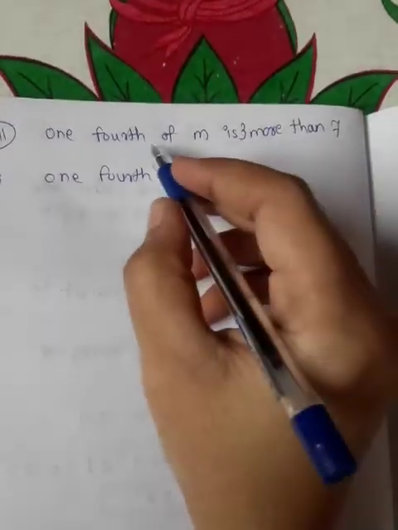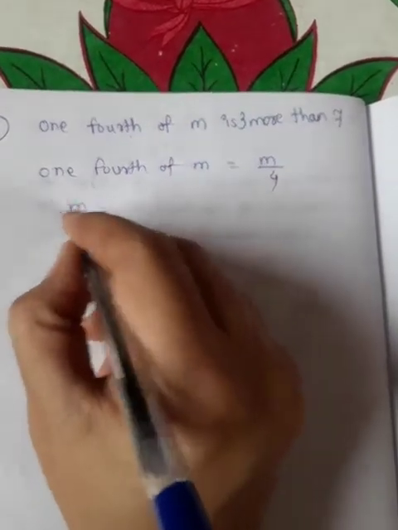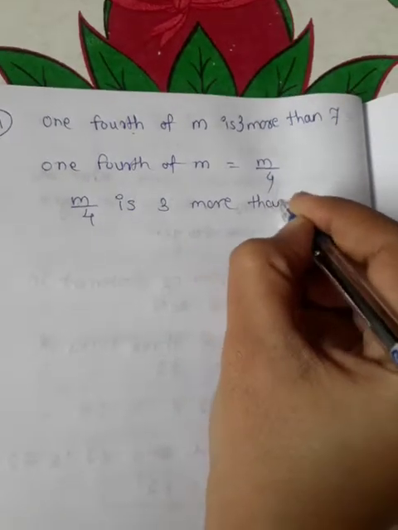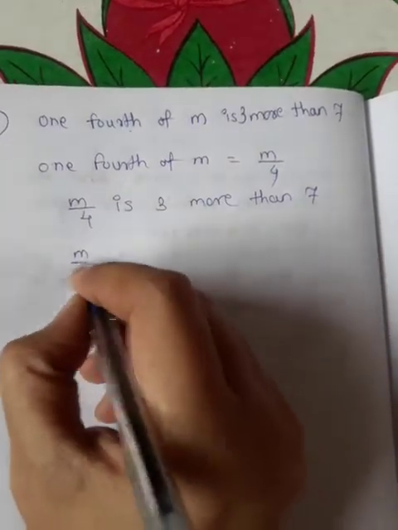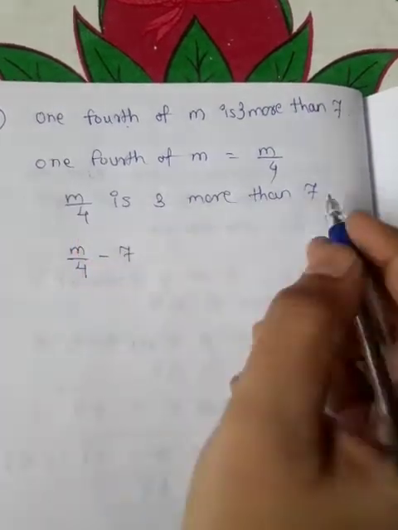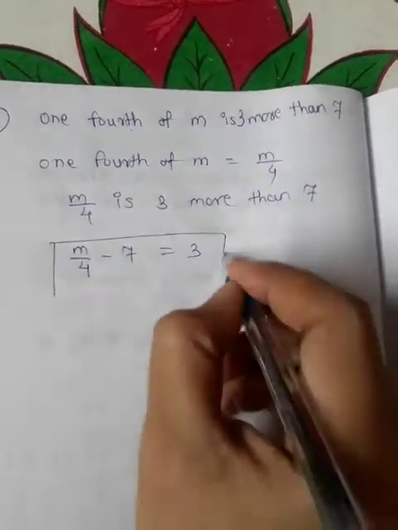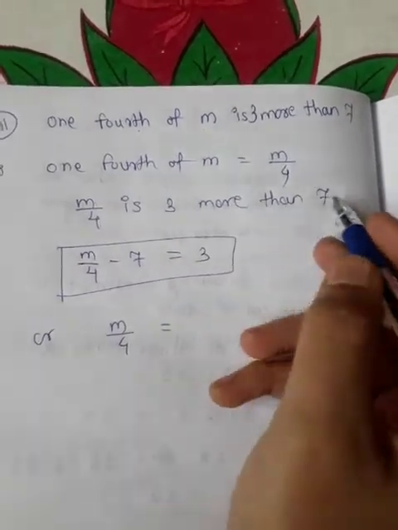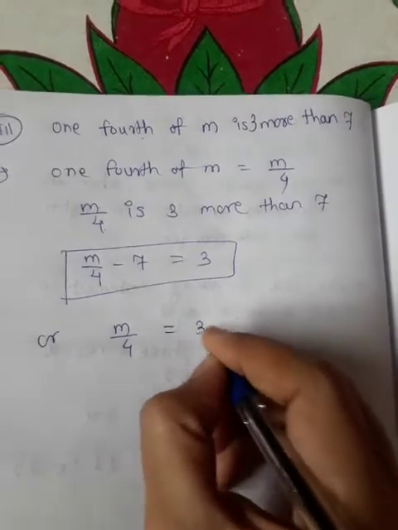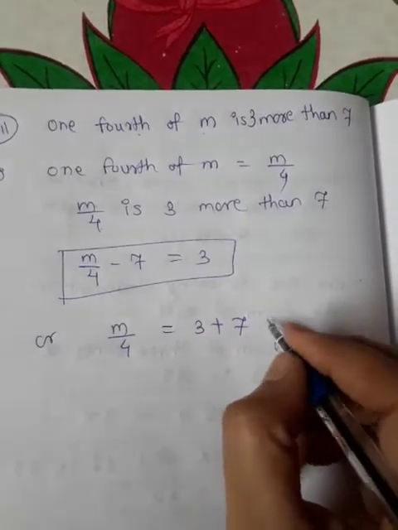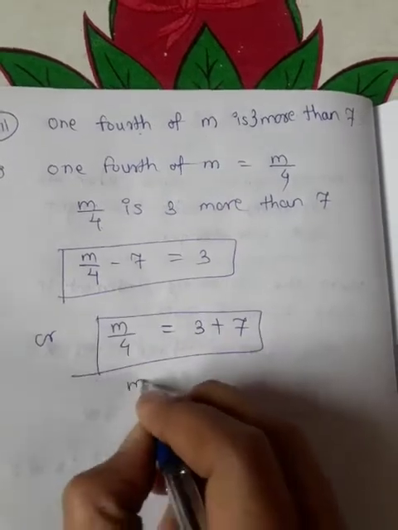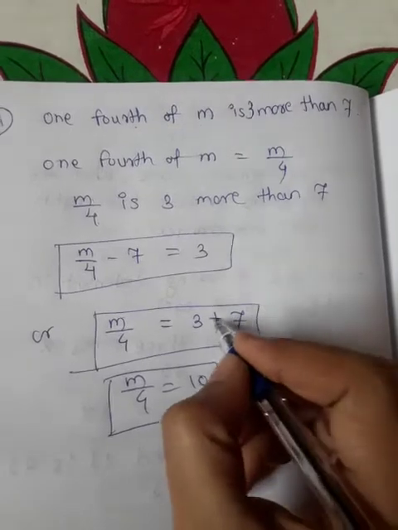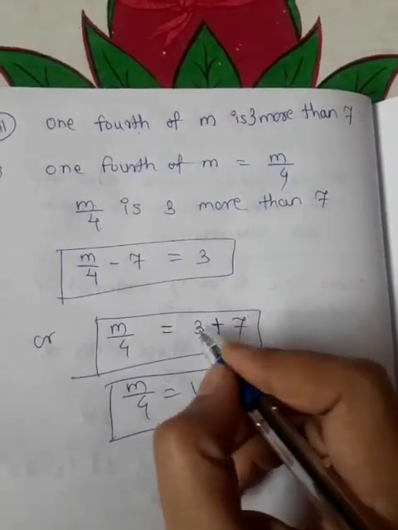And here m by 4 is 3 more than 7, so the difference between m by 4 and 7 is 3. Or you can write m by 4 is equal to 3 plus 7, or you can write m by 4 is equal to 10 also. 3 more than 7 means 3 plus 7.